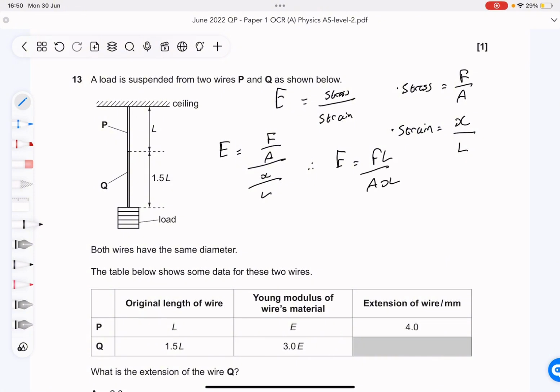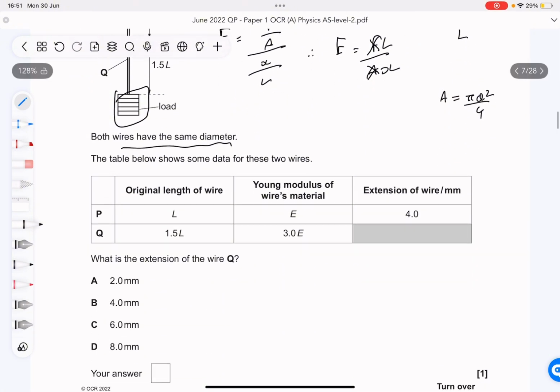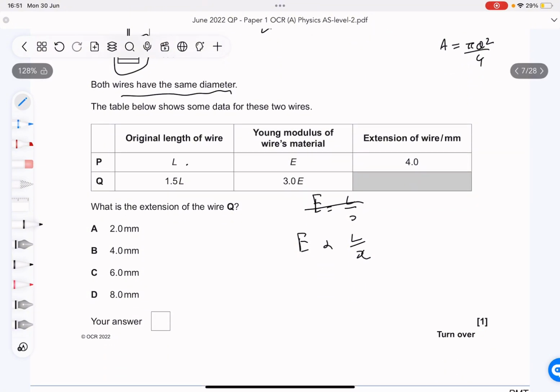Now, there's a couple of things that could be cancelled out here. One of those is the force, because the load is the same for both wires. So F is constant, and both wires have the same diameter, and I know that A equals pi d squared over 4. Therefore, the cross-sectional area is also the same. So I can say that E is proportional to L over X. Now, in P I had L and E, but in Q I've got 1.5L and 3E.